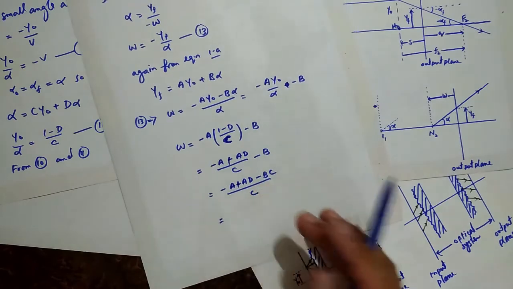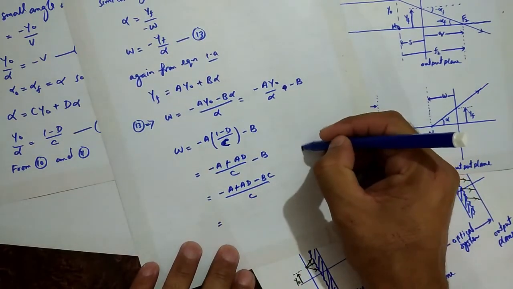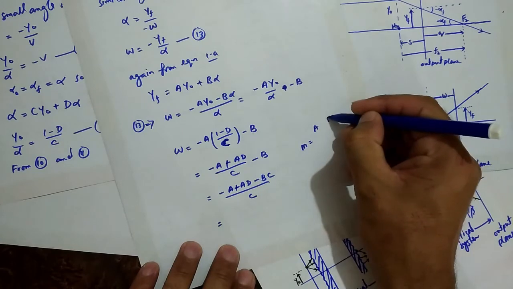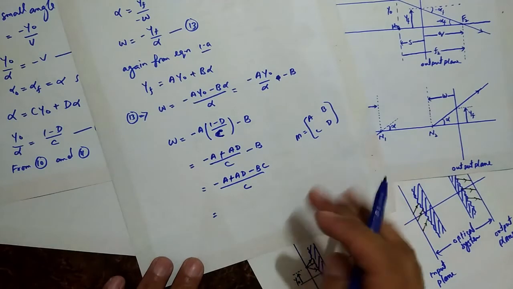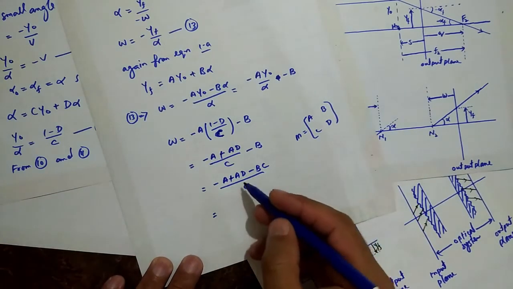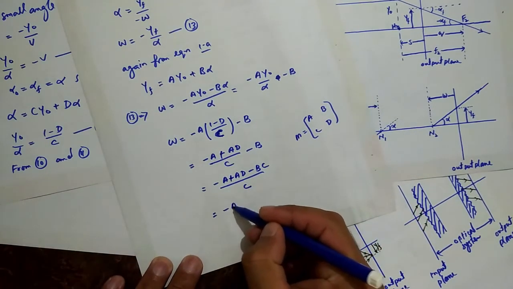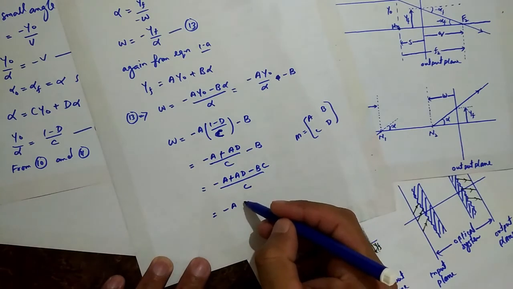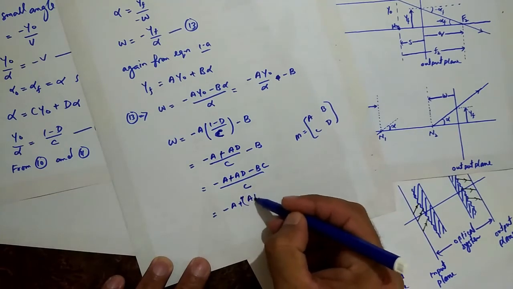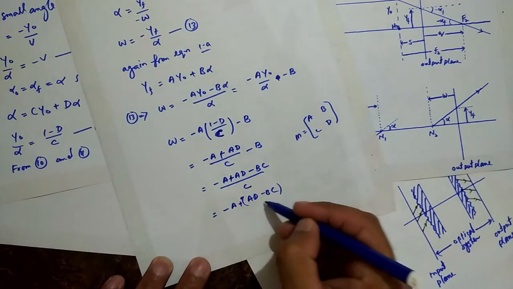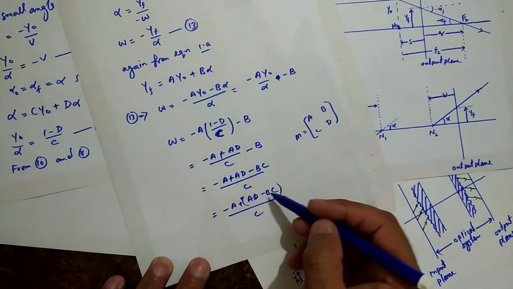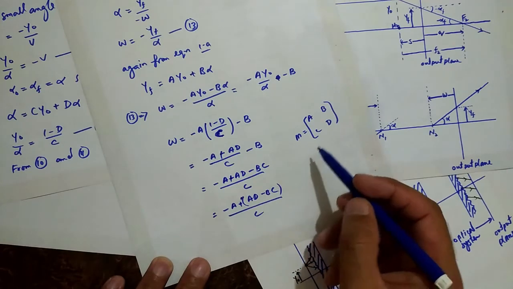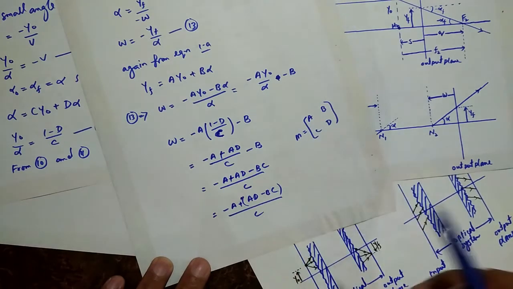But our system matrix is of the form A, B, C, D. I can write it as minus A plus AD minus BC over C. Here you can see that AD minus BC is nothing but the determinant of this matrix.